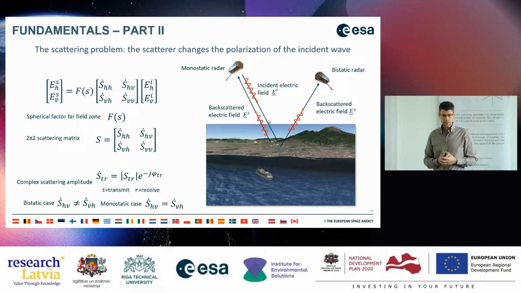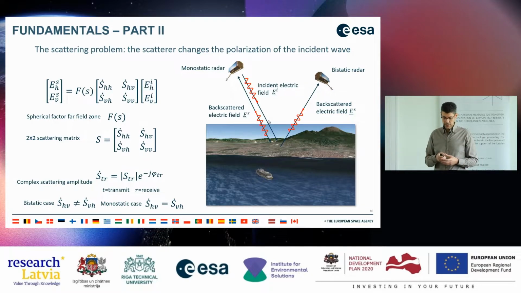So what happens when the SAR then transmits the incident wave? What happens is that the scatterer, the scene that you are observing, changes the polarization state. And what you get back is a transformation of what you sent.